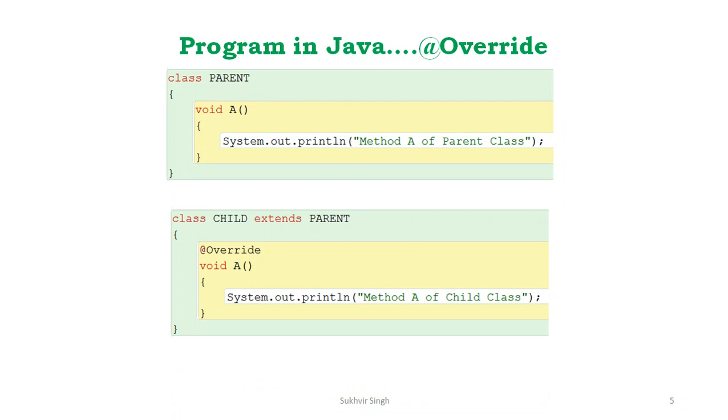Inside this class, I have written @Override, and inside that one overridden method is there, and I am writing method A of child class inside this using System.out.println.